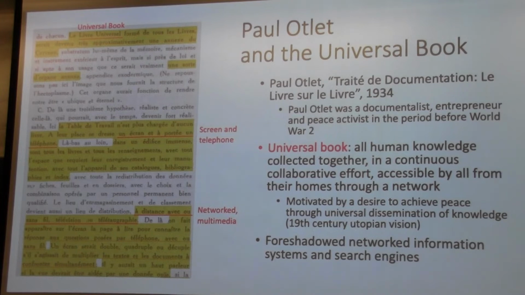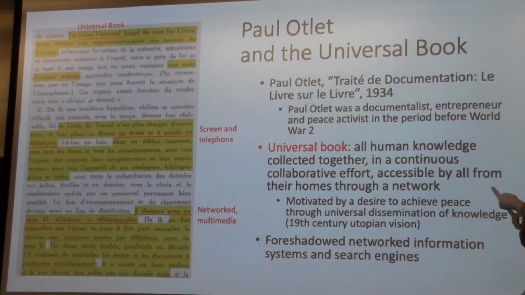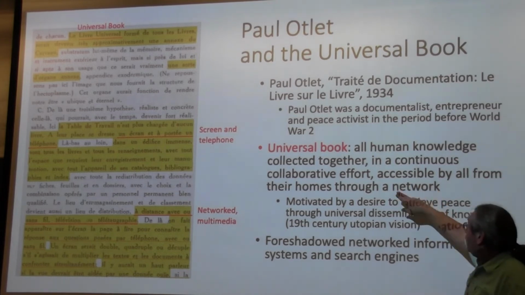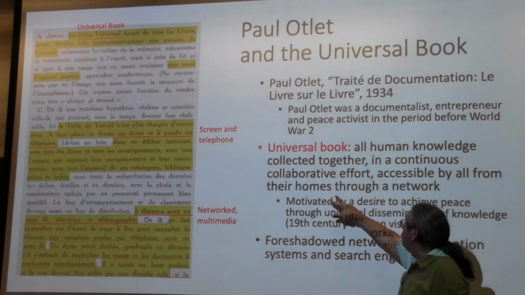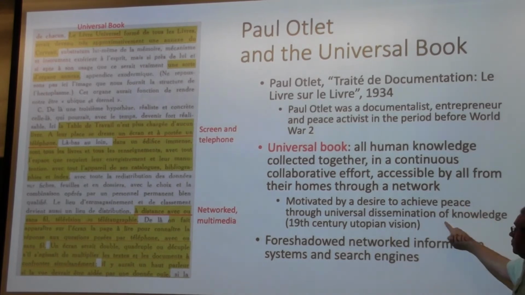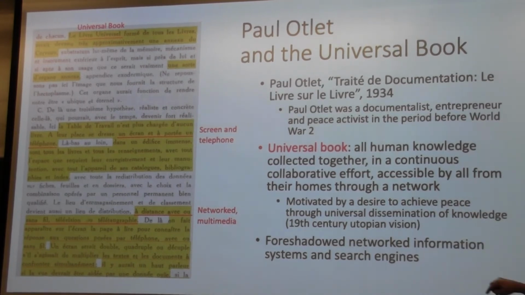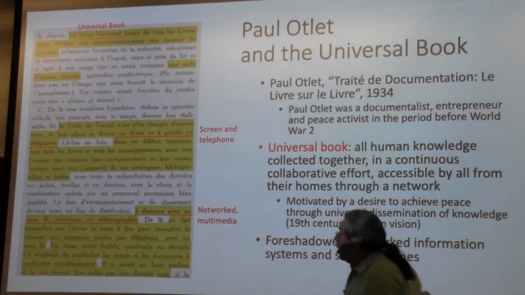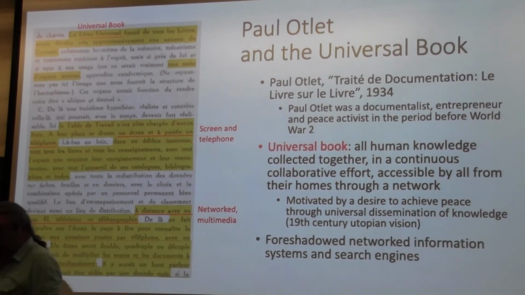So his vision was the universal book in a collaborative network, accessible in the homes through a network. Okay? Achieving peace through universal dissemination of knowledge. This was kind of a 19th century utopian vision, but a lot of people believed in this. Okay? Also in the middle there are some documents.